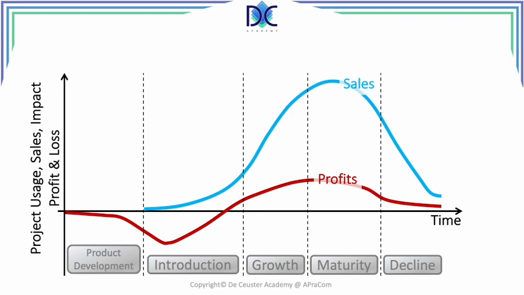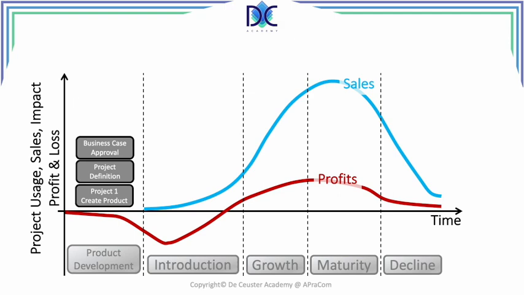Now, what does it mean to projects, programs, and portfolio? We start with a business case. The business case has to be approved before we can start with product development. We have the project definition. What are we going to do? What are the conditions? And then we can start with the first project, which is what we call the creation of the product itself.